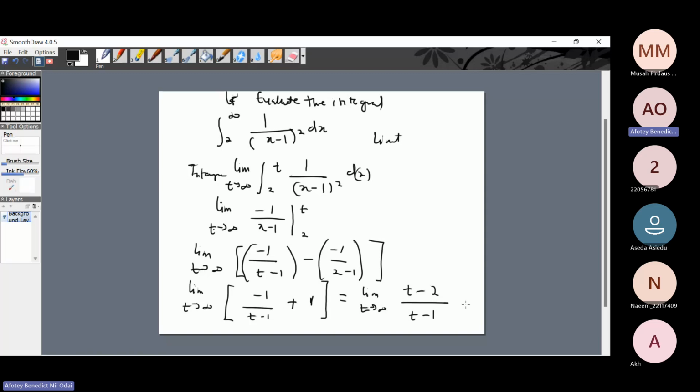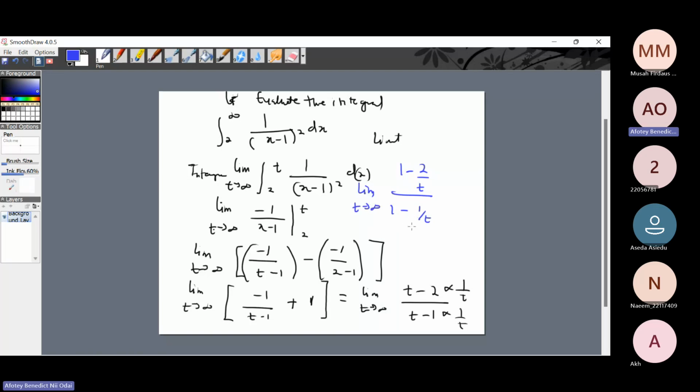What you are doing now is just solving the limits. We can multiply both the top and the bottom by 1 on t, and we end up getting 1 minus 2 on t, over 1 minus 1 on t. Remember the limit as t approaches infinity.